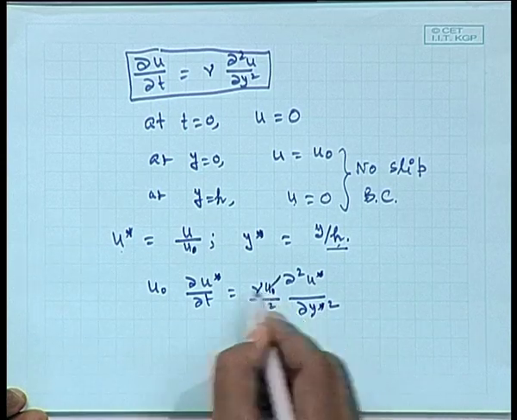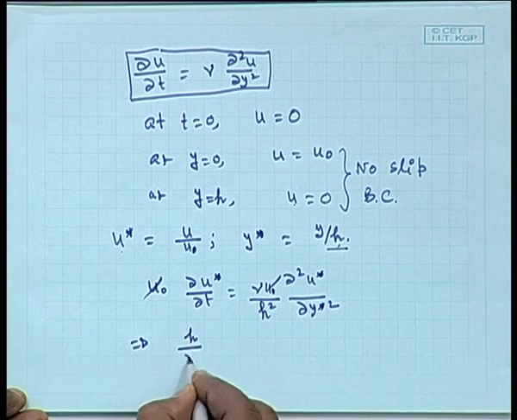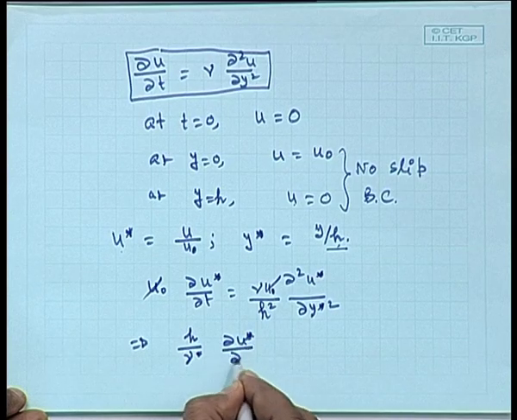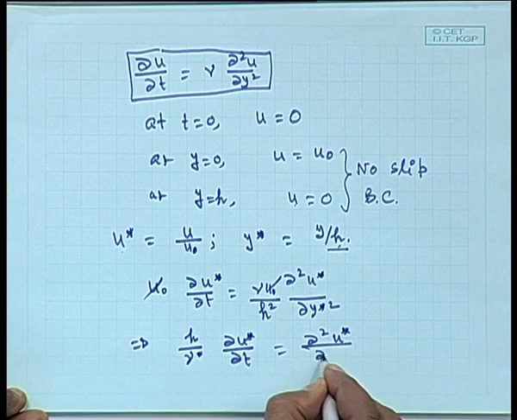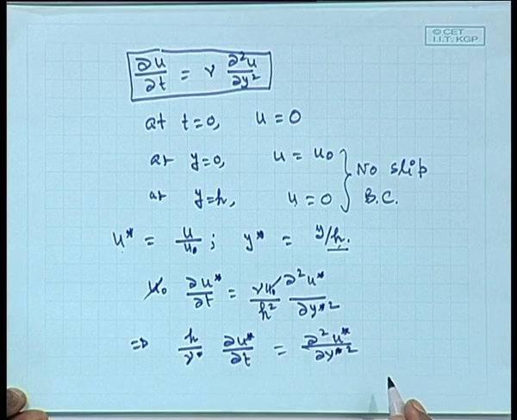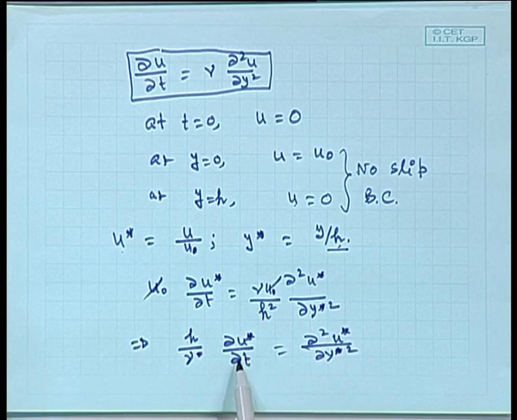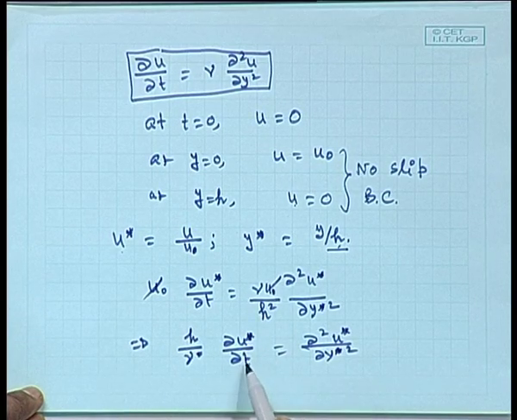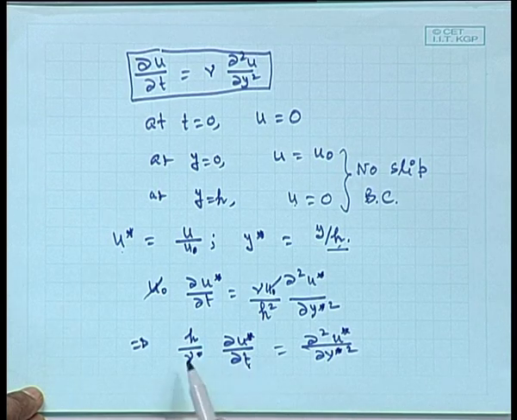So, u_0 will be off, and you will get h square by nu del u star del t is del square u star del y star square. Now, the whole right hand side is non-dimensional. On the left hand side, you have a non-dimensional quantity here, and this is dimensional. That means h, nu, and t must together be non-dimensional.